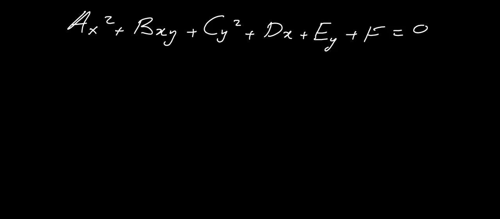Remember this equation, Charles, right? Yes. So now, using this same equation, we can actually apply it before we even rotate or translate anything. We can use this same equation to do what we call the discriminant test.